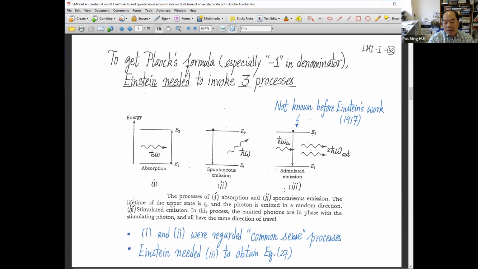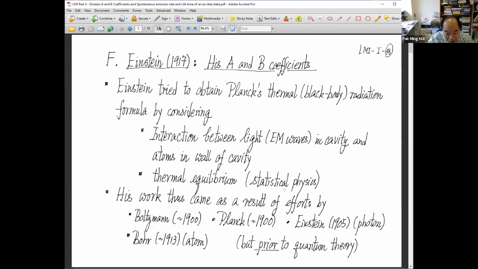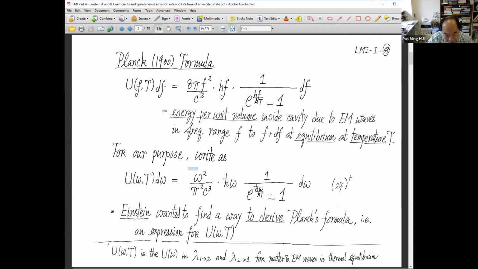Now, Einstein wanted to get Planck's formula. That is his goal, which we visited. He wanted to get this. Okay, that's the goal. All right. So whatever he did, he already knew what he wanted to get.